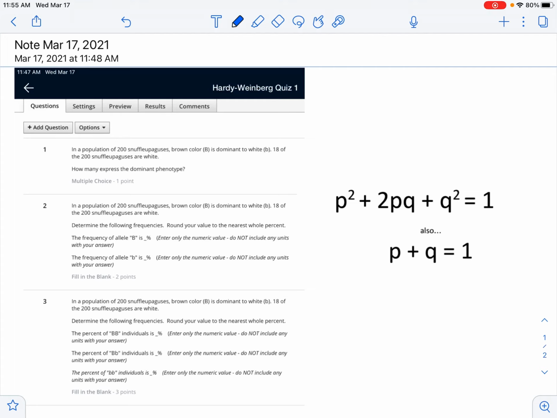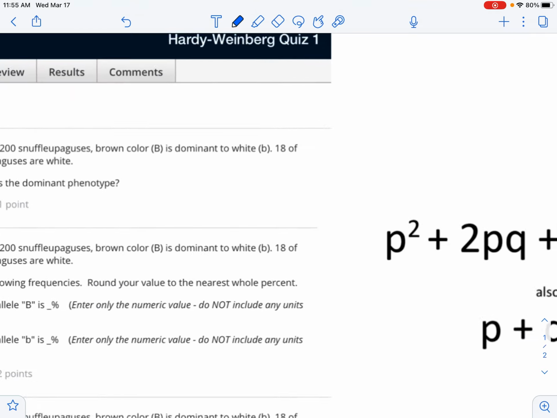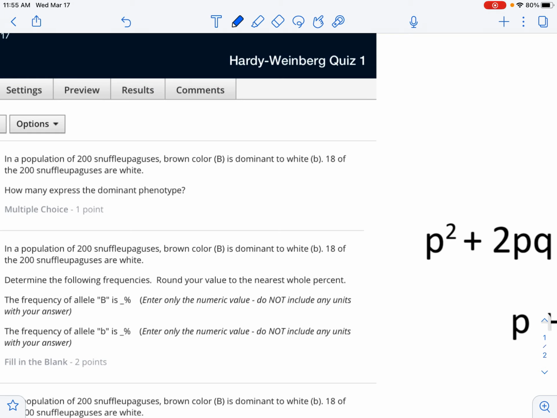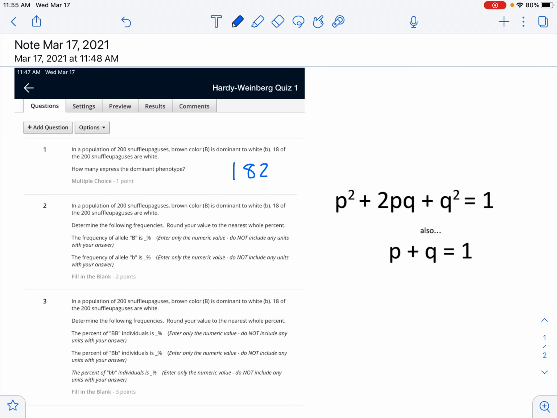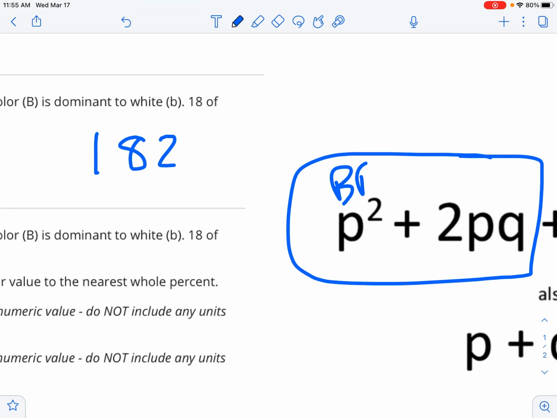18 out of 200 snuffleupaguses are white, and brown is dominant. So the answer to how many express the dominant phenotype is just 200 minus 18, which is 182. Really, you're thinking about p squared plus 2pq, which are the two dominant genotypes. p squared would be capital B, capital B, and 2pq would be the heterozygous version.